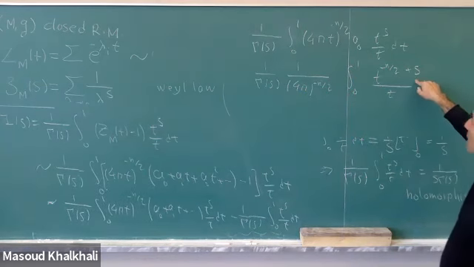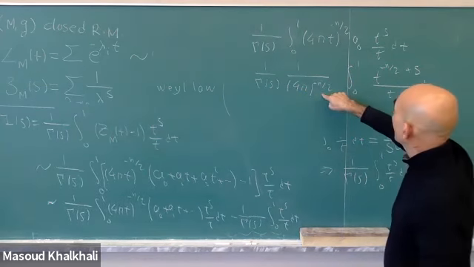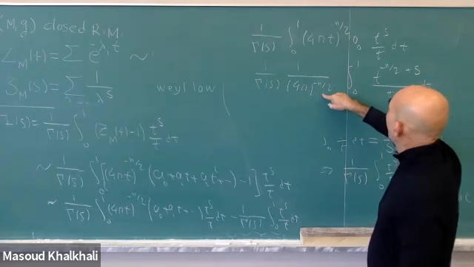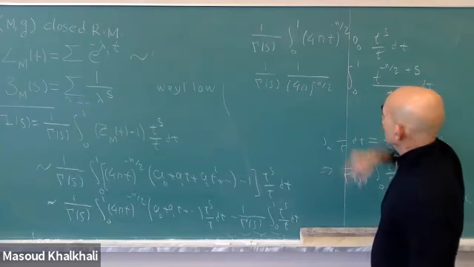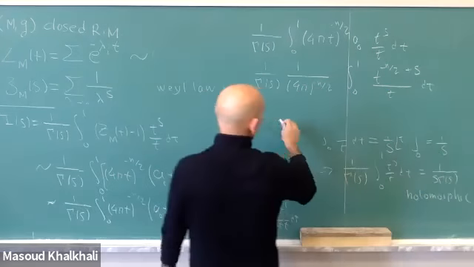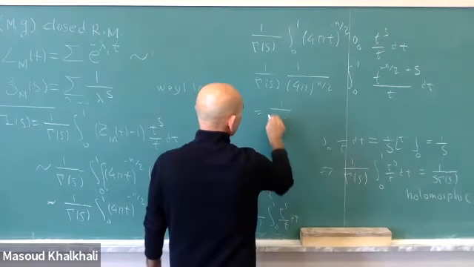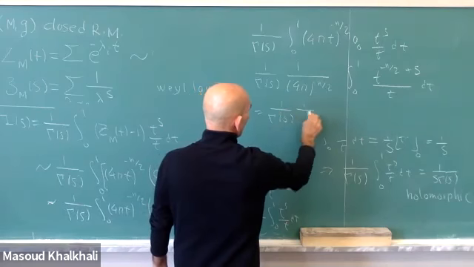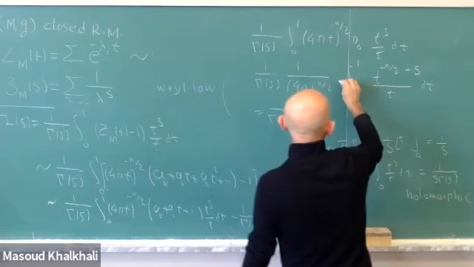So now I can just write it as 1 over gamma s, and of course there is an a0 here also.